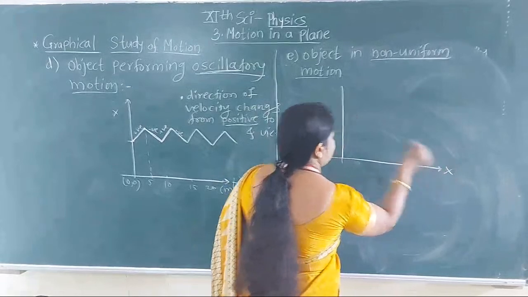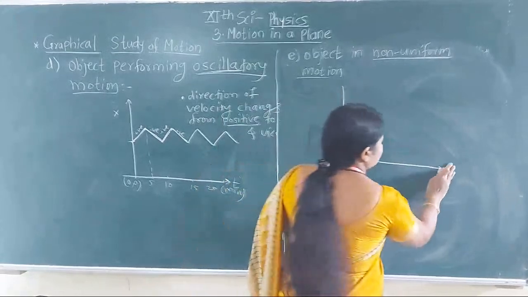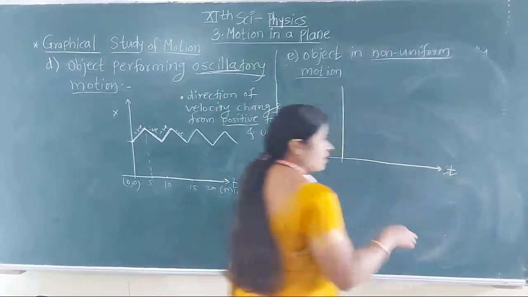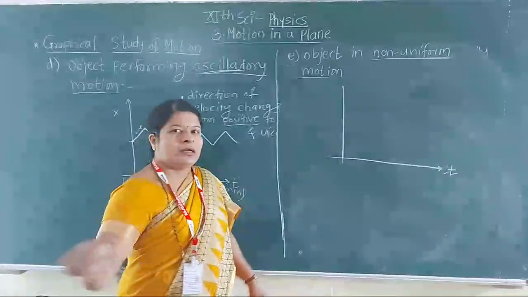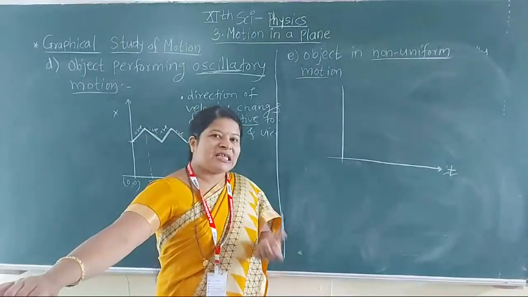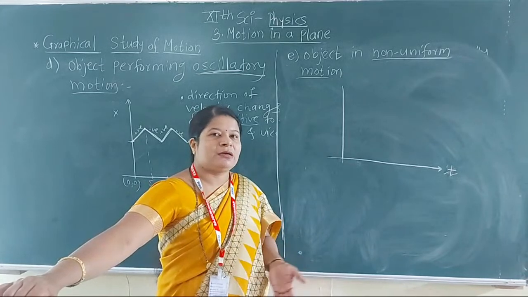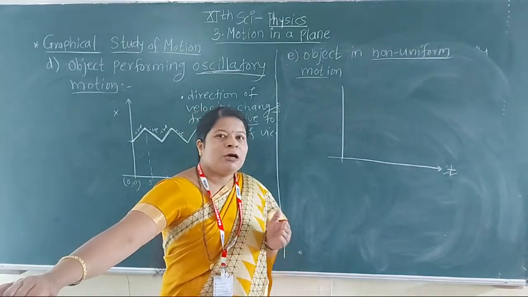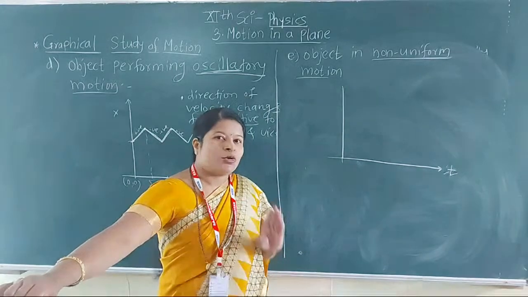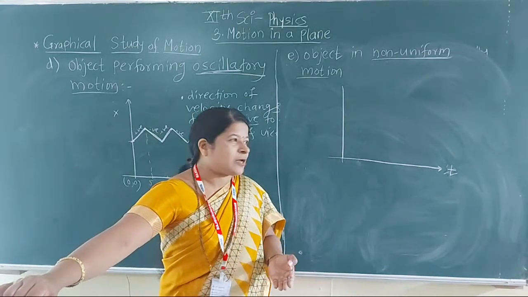So this is the x-axis. This is the time axis again, because we consider the motion of the object with respect to time; as the time passes the displacement occurs.